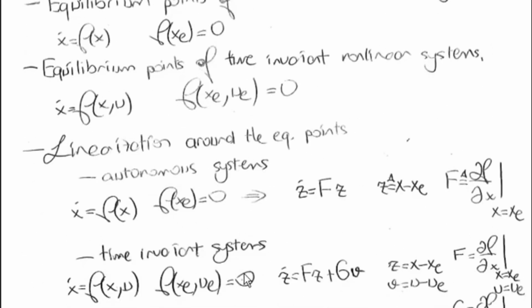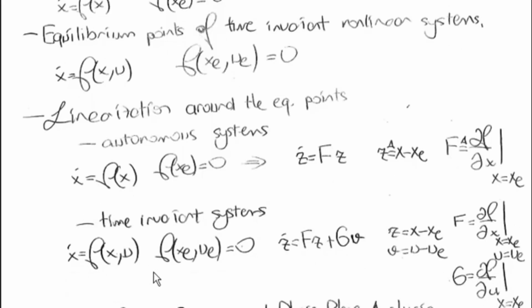Then we have seen the important topic of linearization, and we covered again both autonomous systems and time invariant systems. In the autonomous case, we linearize the system around the equilibrium point, and we get a new equation which is linear with the new state variable. So we have z-dot equal to A z, where z is defined as the deviation of the state x from the equilibrium point, and A is the Jacobian of f evaluated at the equilibrium point.